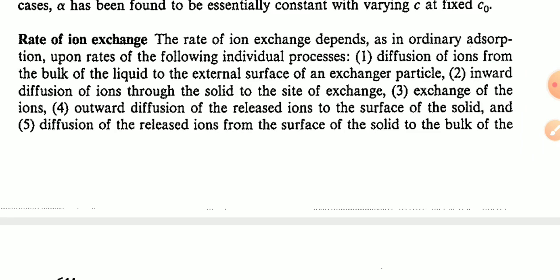The rate of ion exchange depends, as in ordinary adsorption, upon the rate of the following individual processes. The first one, diffusion of ion from the bulk of the liquid to the external surface of the exchanger particles. Second, inward diffusion of ion through the solid to the site of exchange.